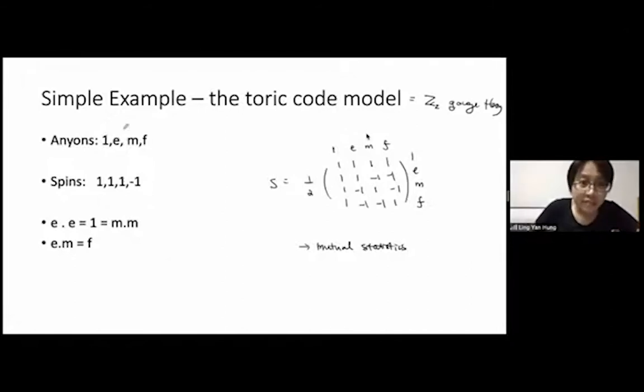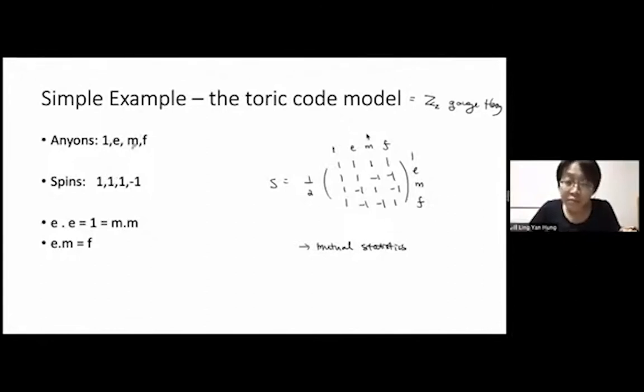Then you have the electric charge E, which is the Z2 charge. M is the magnetic flux of the Z2 gauge theory. And F is the bound state of E and M. The topological spins, or self-statistics, of these four sectors are: the trivial one is, of course, bosonic, and the electric charge is bosonic.